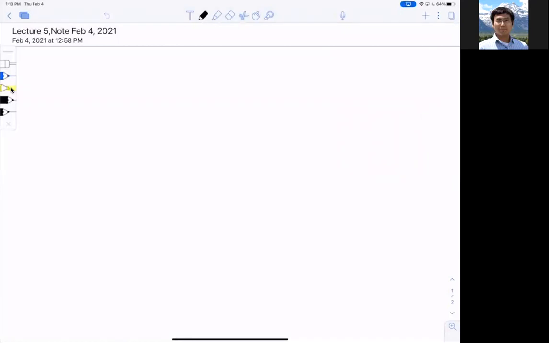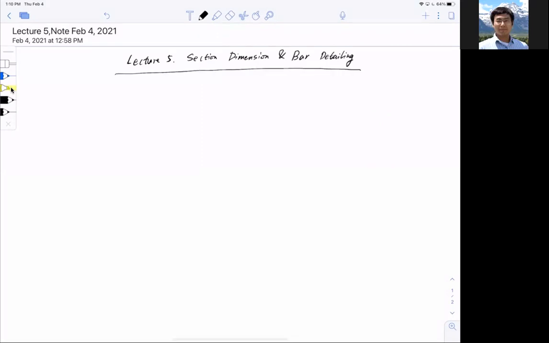So today we're going to talk about the section dimension, meaning the width and height of the section, and how we determine that, as well as the bar detailing. Meaning the location of the bars, how we arrange the bars in the section.